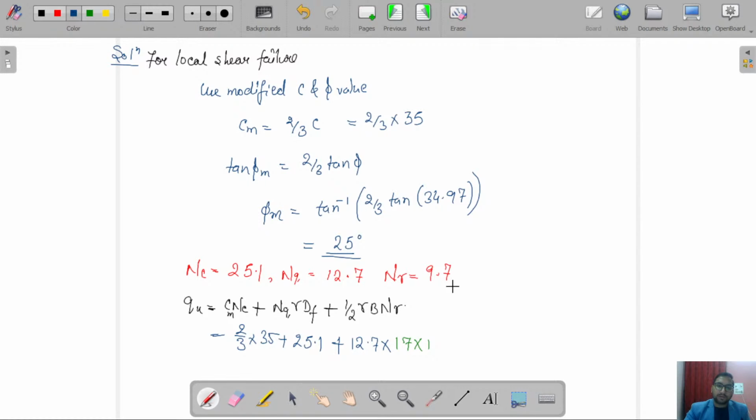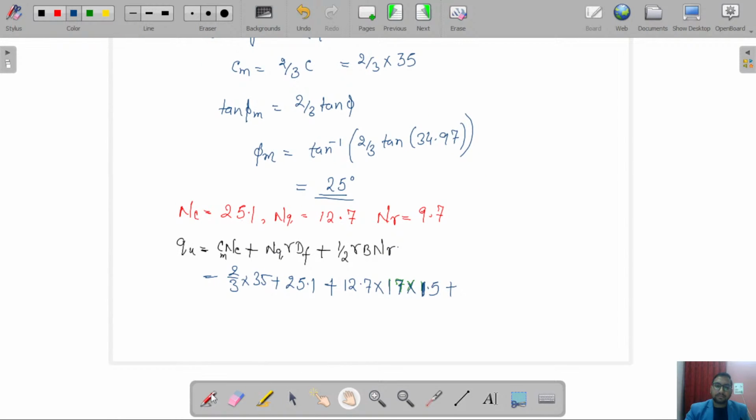Depth of foundation is 1.5 plus half gamma unit weight 17, width is 4 meter, and gamma value is 9.7.